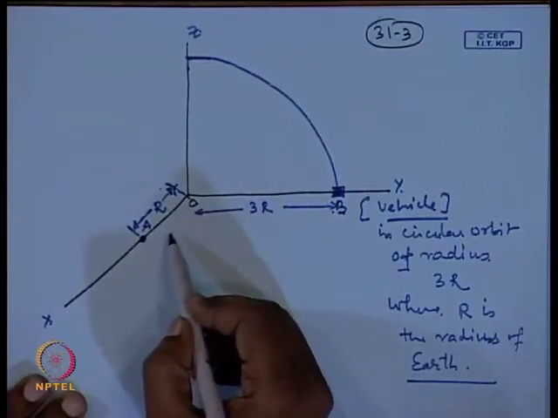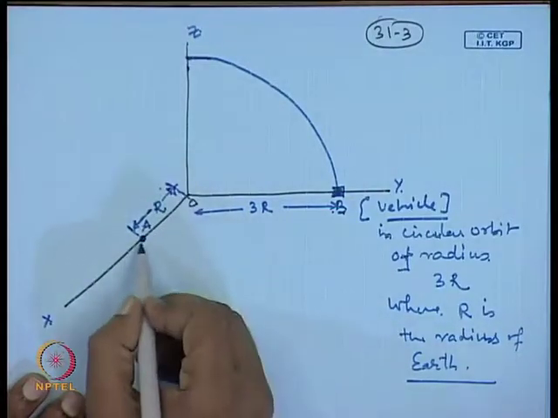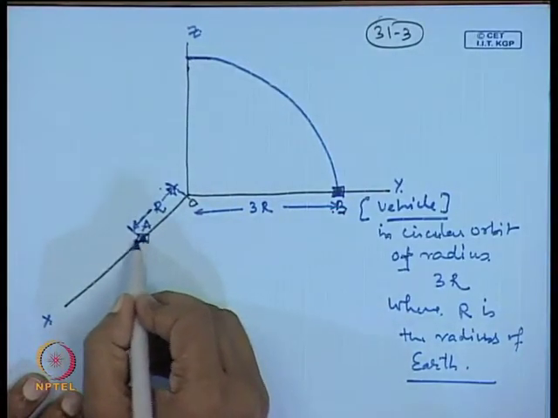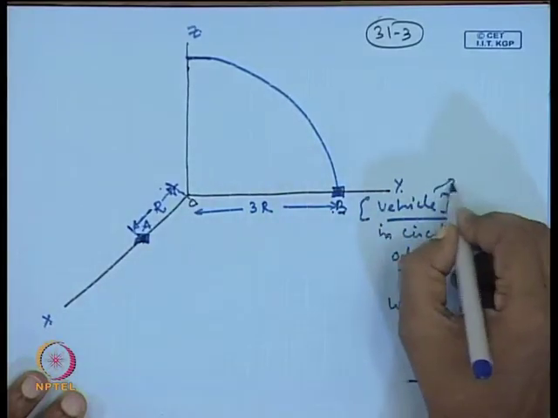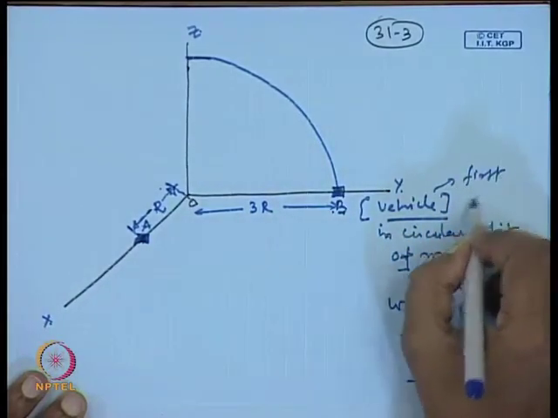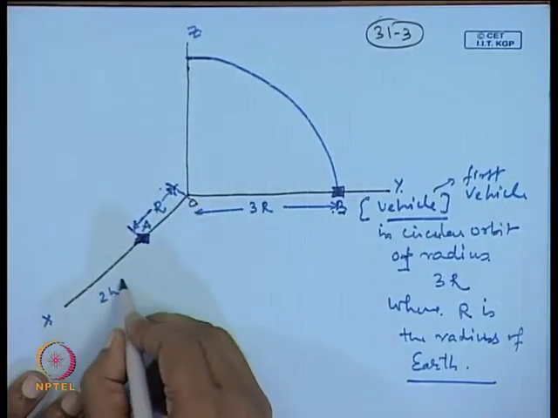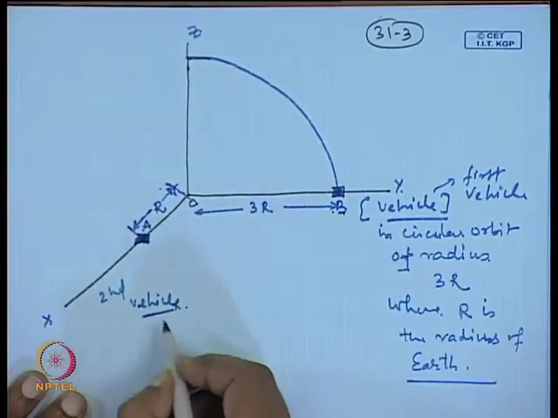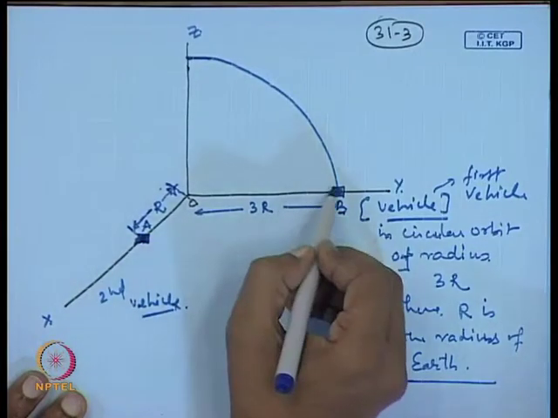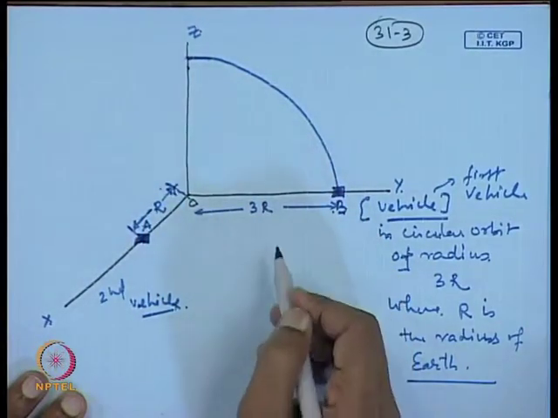If this is the situation, here you have the first vehicle, and here you have the second vehicle. This is moving along a circular orbit of radius r.